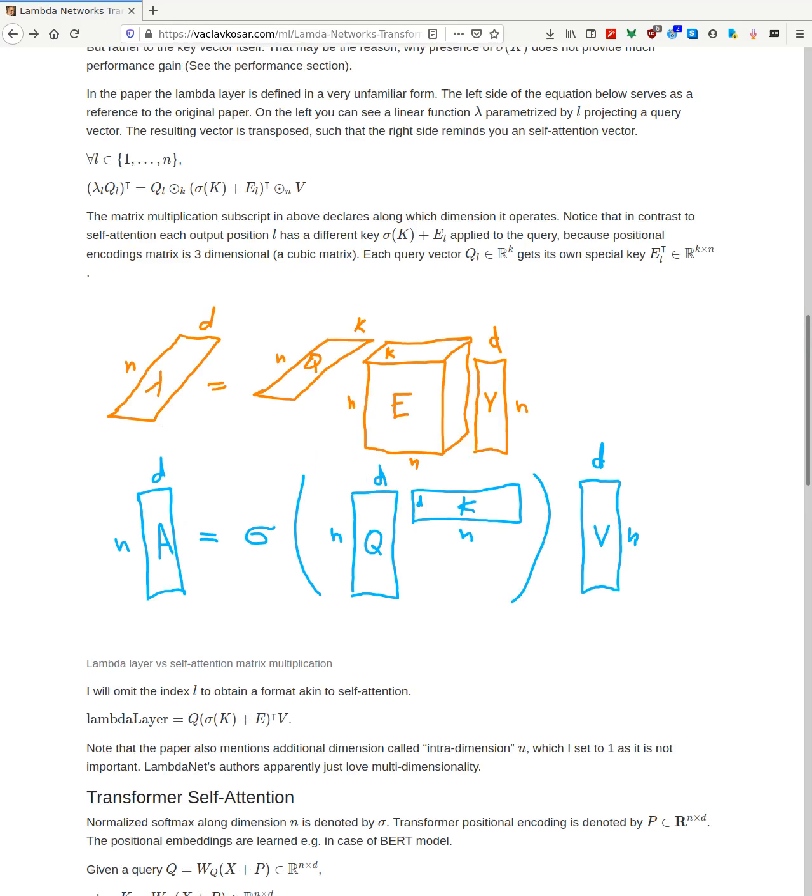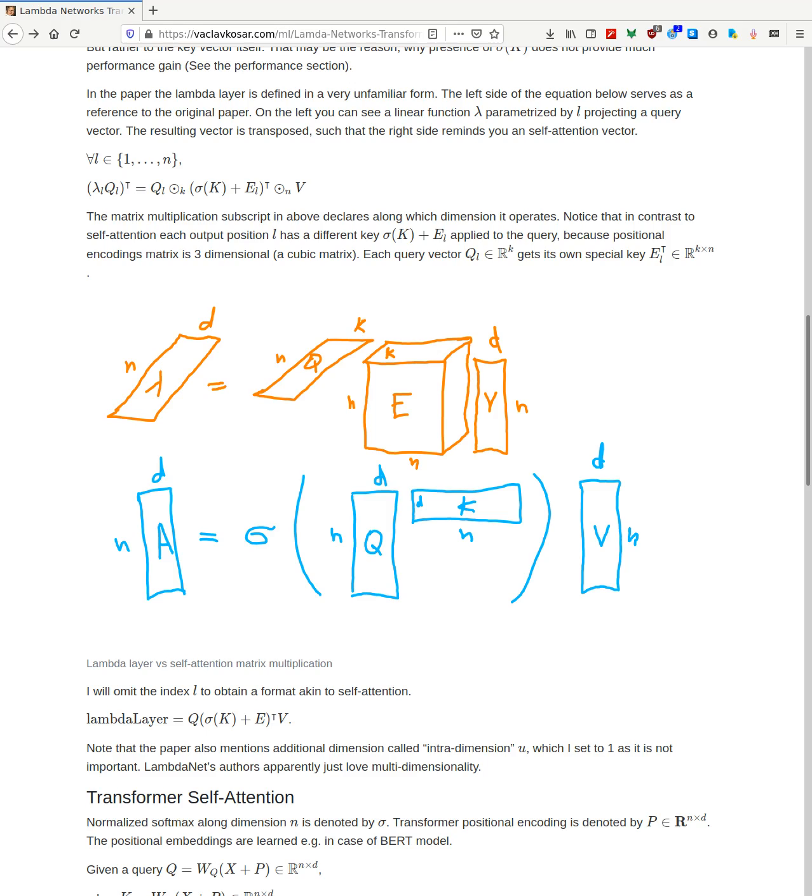The correct way to look at it is this visualization. So we have some output, n times d, that's the same in attention as well. Then we have a query matrix n times k, and that is multiplied, and you can see that this matrix is sort of rotated. That's because, as I mentioned, we have this indexing on the embedding matrices, so we have this third dimension, and that's why I draw it like this.